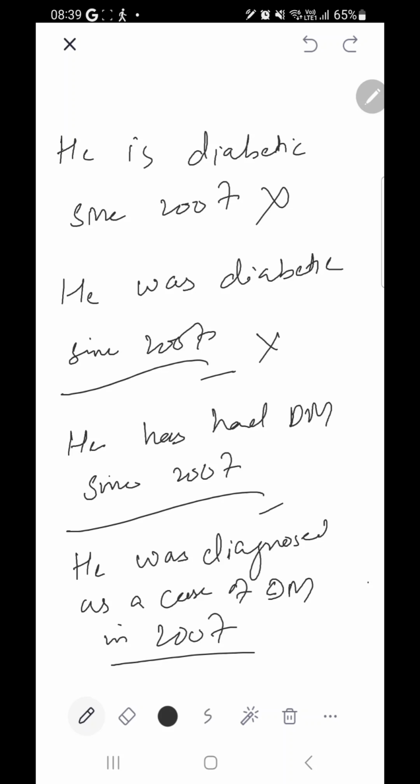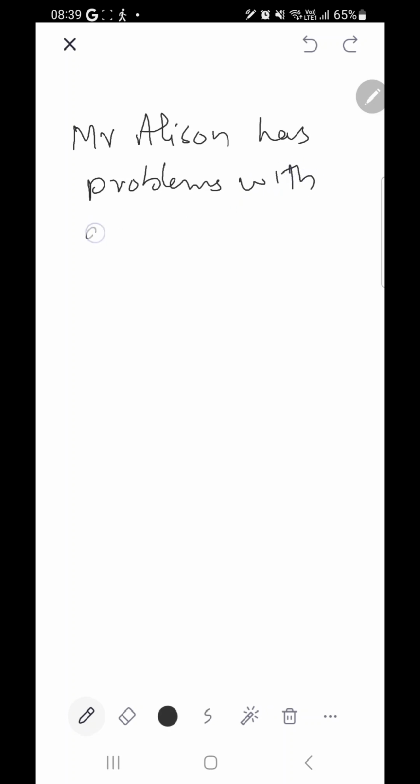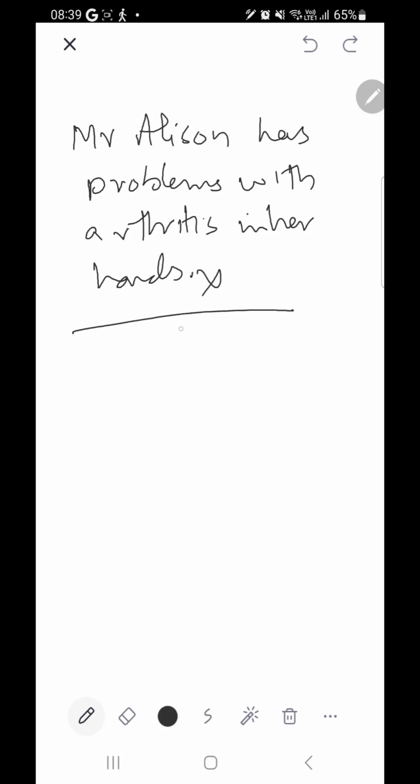So that you can understand. Common mistake candidates make, I'll write it down for you as per the correction. We write, let's say, Mr. Allison has problem with arthritis in her hands. So it's a wrong sentence. We can use the present perfect tense over here.